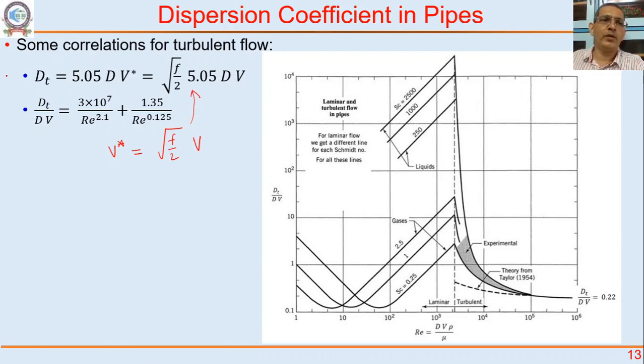That is one correlation. Second correlation is turbulent dispersion coefficient divided by dV, like a turbulent Reynolds number if you like, is equal to 3 into 10 raised to 7 Re, actual Reynolds number in the pipe, raised to 2.1, plus 1.35 Re raised to 0.125. You can plot all that for yourself, but that's not important.